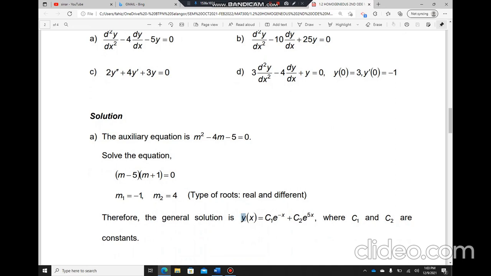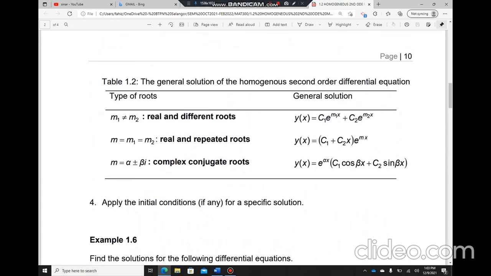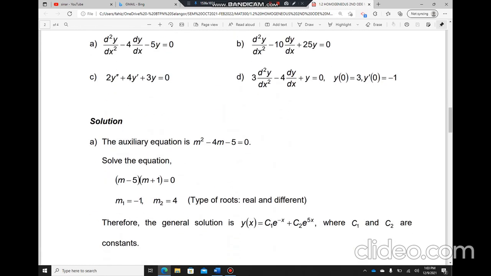Okay, macam mana awak dapat general solution ni? Kita based on this table. Sebab table tadi kata m1 tak sama dengan m2, dia dapat yang ni. So tempat m1 dengan m2, awak just ganti je lah dengan nilai ni. m1 tadi kita dapat negative 1, m2 dapat 5. So that's why tempat m1 kita ganti dengan negative 1, so that's why dapat negative x. And then dekat m2 kita ganti dengan 5.